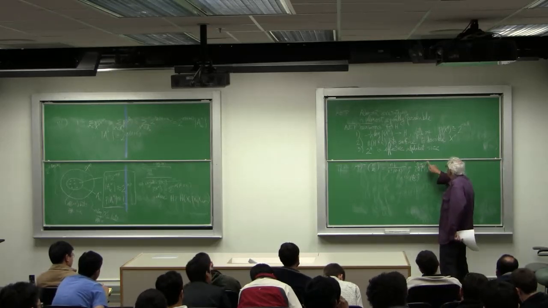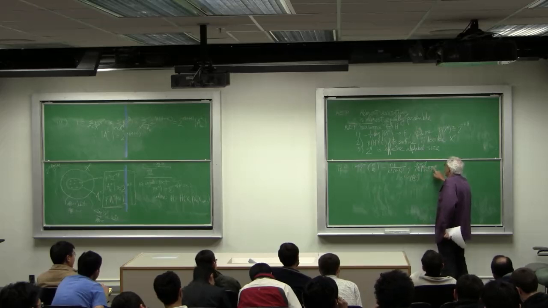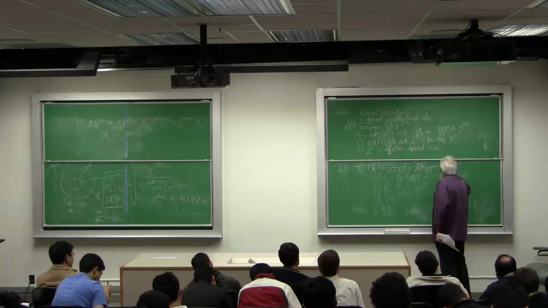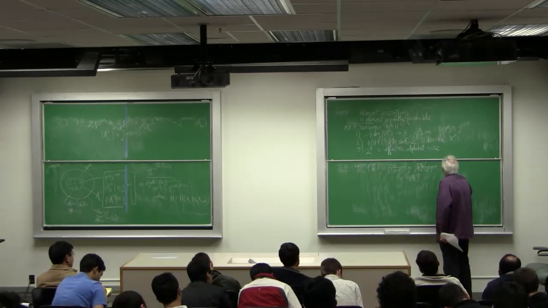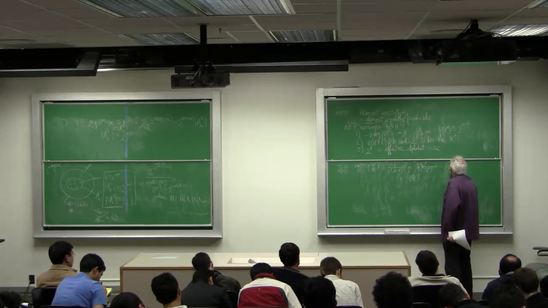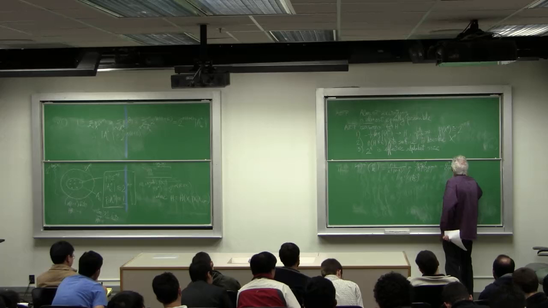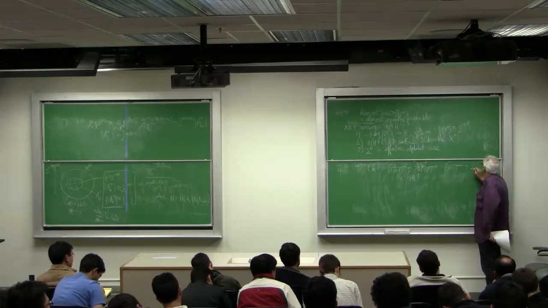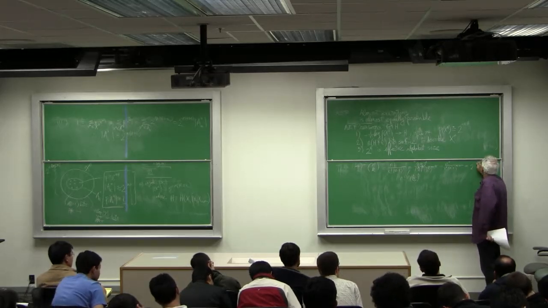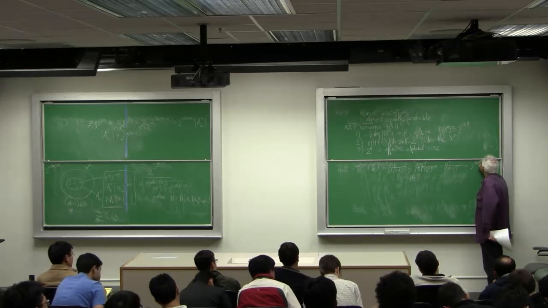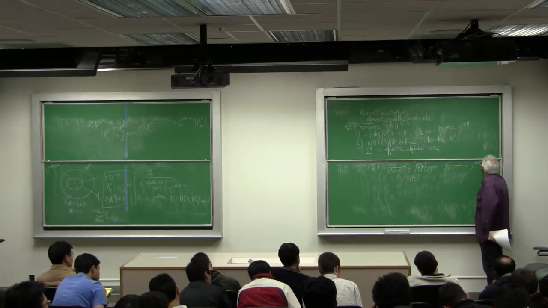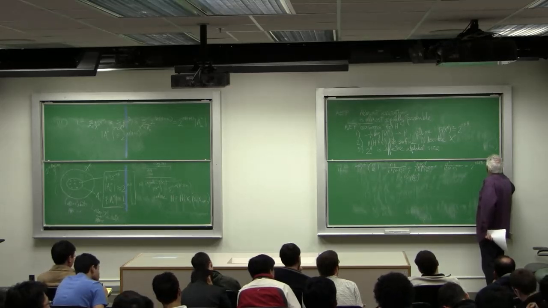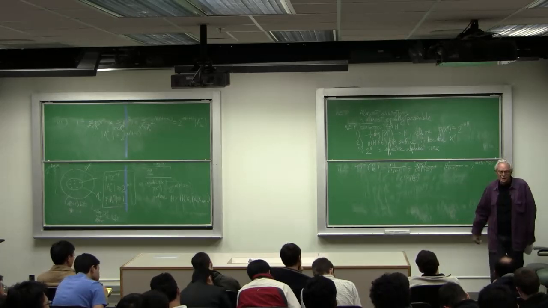Well, the E to the N and the E to the K, or the E to the N minus K, they cancel out. And we're left with N to the N over K to the K, N minus K to the N minus K, which is precisely equal to 2 to the N times H of K over N, N minus K over N. Not approximately, precisely.